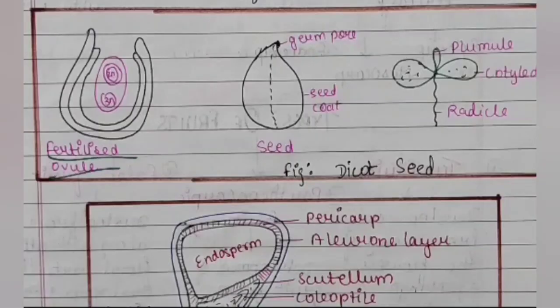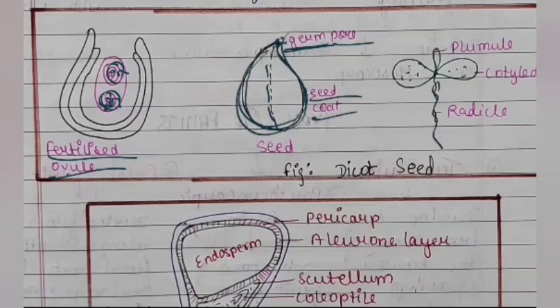So this is the diagram of fertilized ovule with this 3N endosperm and the zygote 2N. Now this is a diagram of a gram with a germ pore and a seed coat. This is the germinating seed with plumule, the two cotyledons and the radicle.